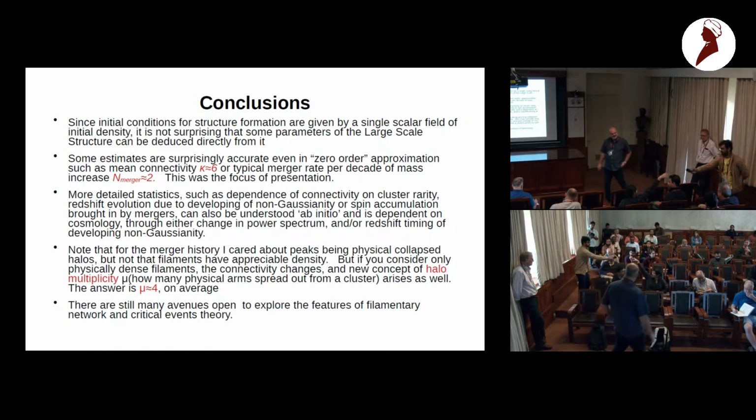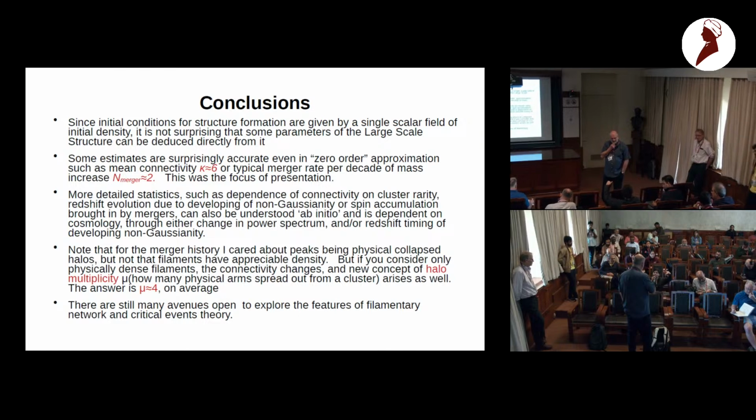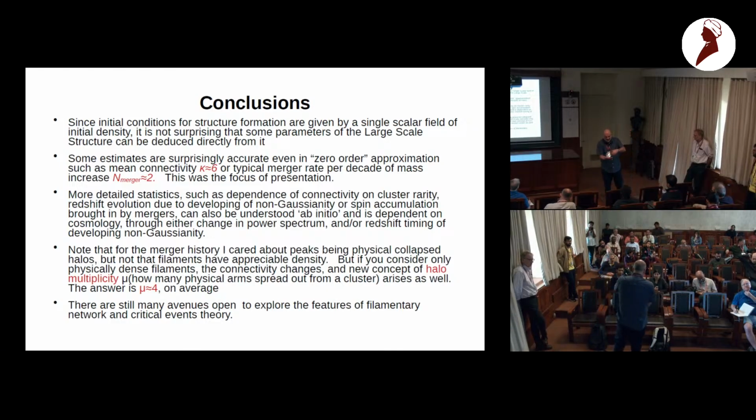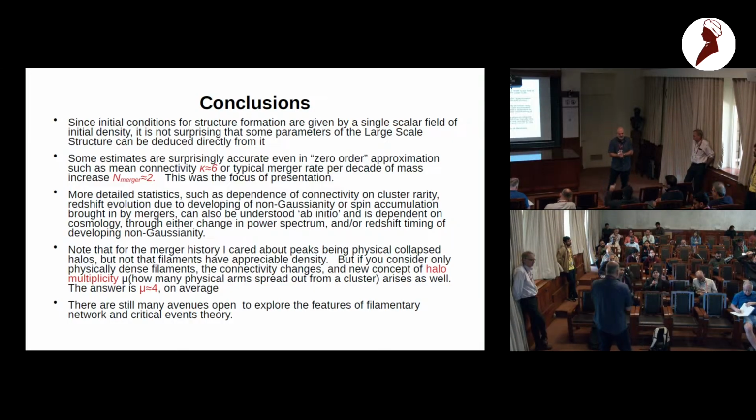Okay, one final question. Just a clarification: when you're saying mass over here, you mean mass within the smoothing scale, or do you mean at the 1.68? Whenever you smooth initial conditions in Lagrangian space, if you have a picture of spherical collapse in your head, then the mass of the object is basically determined by the smoothing scale. So when you're saying initial mass, you mean the mass within that?